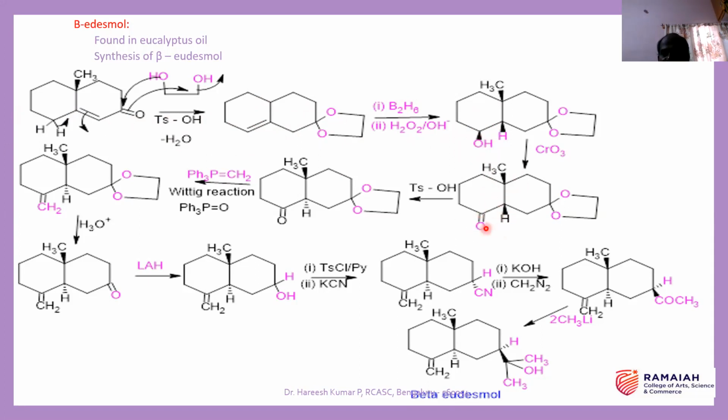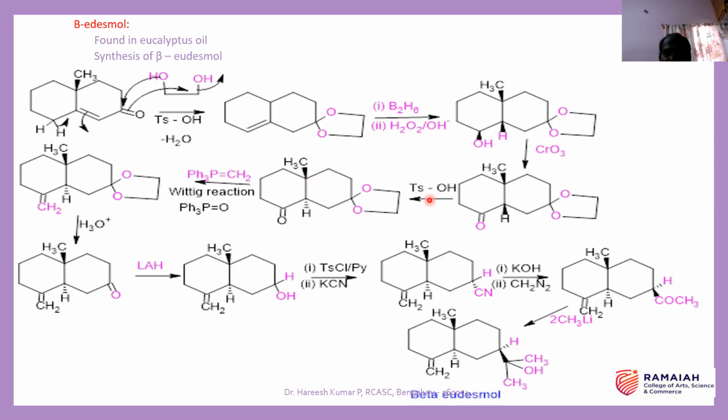And then from here to here, what is happening? You can observe the ring junction. I think you are aware of the stereochemistry. Here the ring junction stereochemistry is cis, whereas from here to here it is a trans ring junction. You know that the trans ring junction is more stable compared to the cis one.